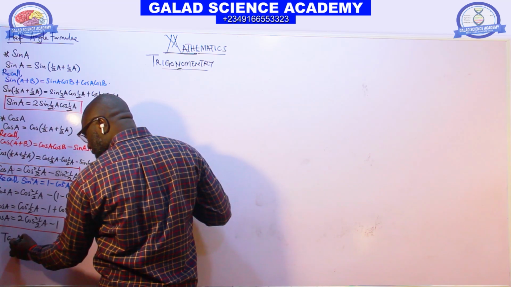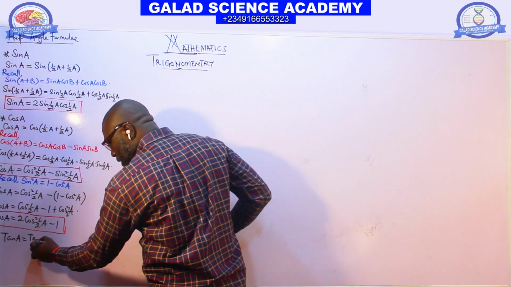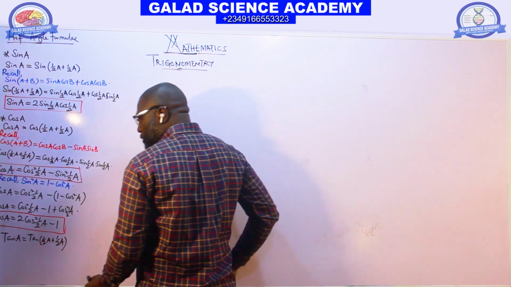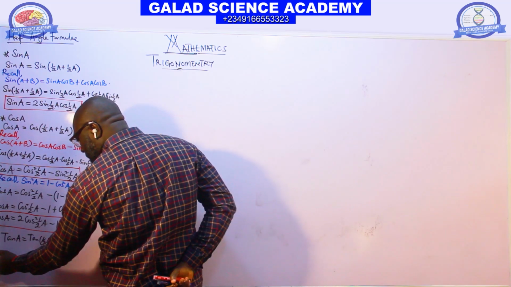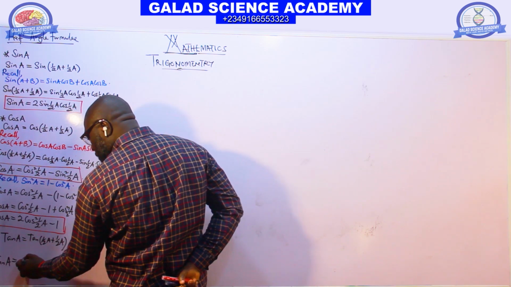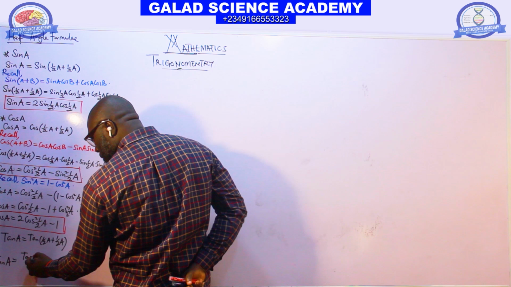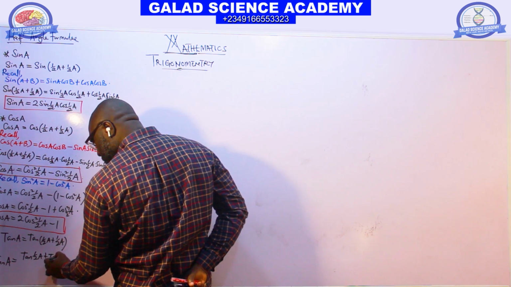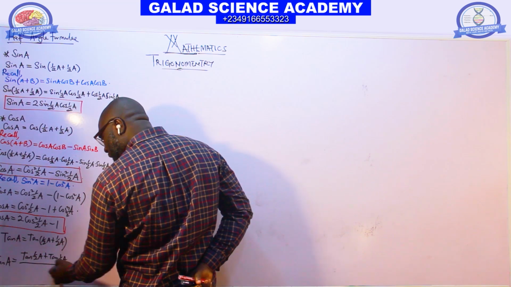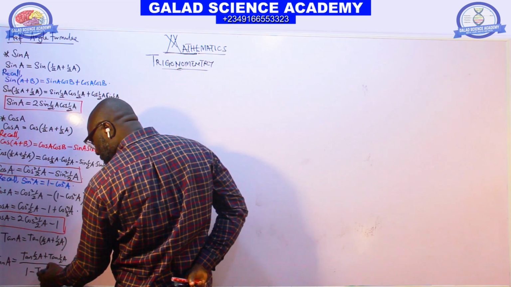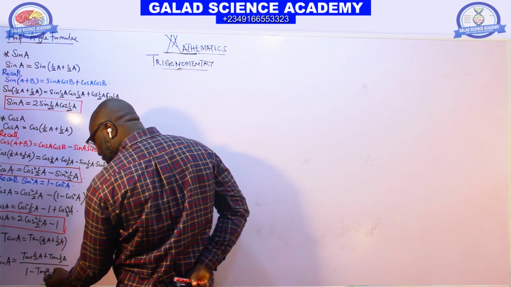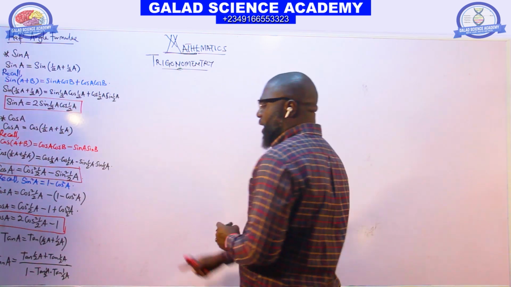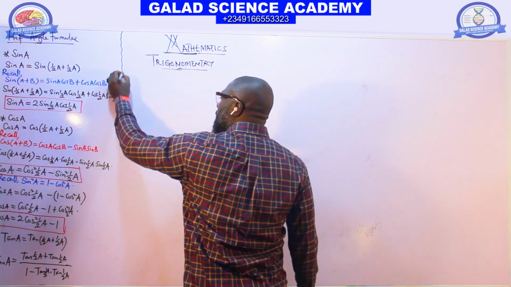Tan A will give us tan half angle of A plus half angle of A. As we all know that tan A will be equal to tan half angle of A plus tan half angle of A over 1 minus tan half angle of A dot tan half angle of A. But apply the common tan formula or common tan identity.